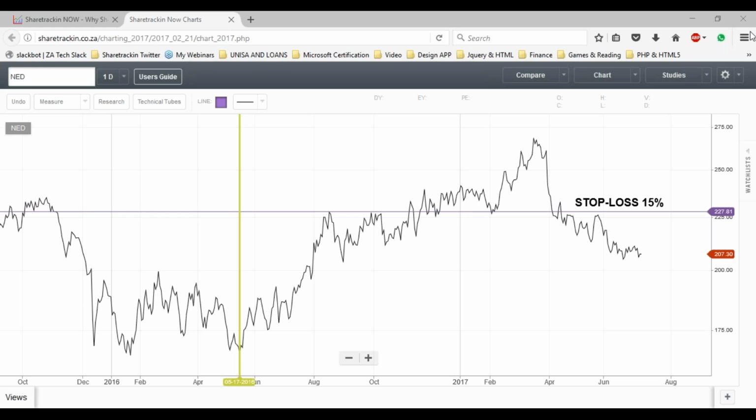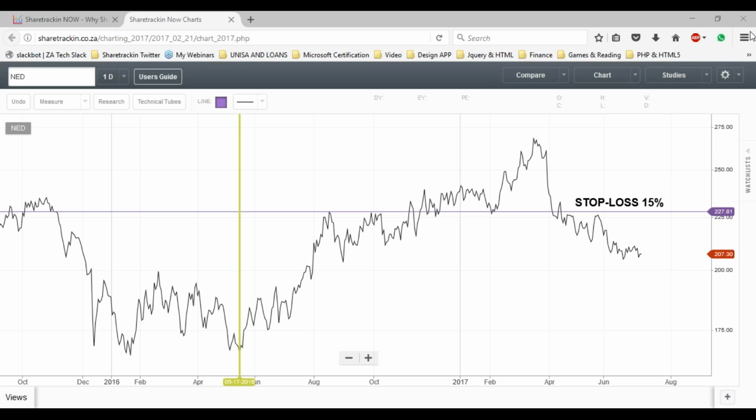Now, it does not mean you can't use a 15% stop loss on 2 or 3 or 4 shares. That's not what I'm saying. What I'm saying is that you need to go and study each and every individual stock and try and determine the average amount of gain and average amount of loss that a specific share does, to try and get yourself to a point where you understand the sort of movements that occur within a particular share.